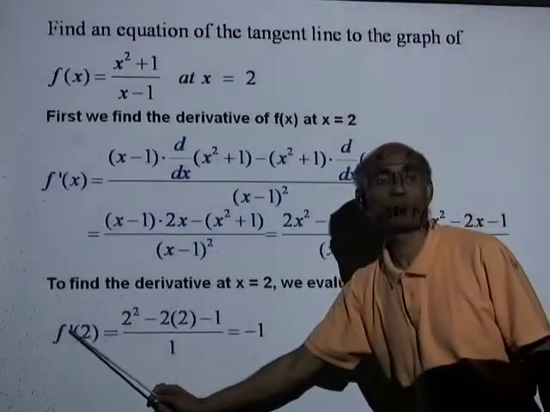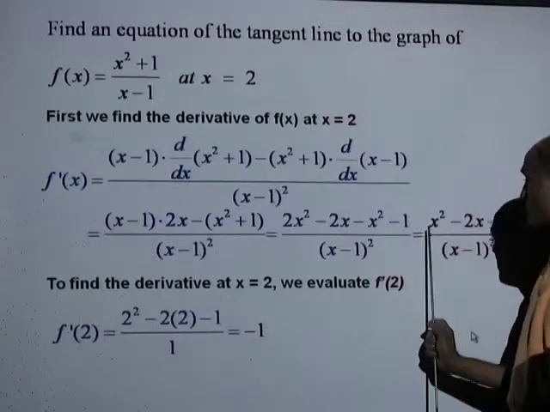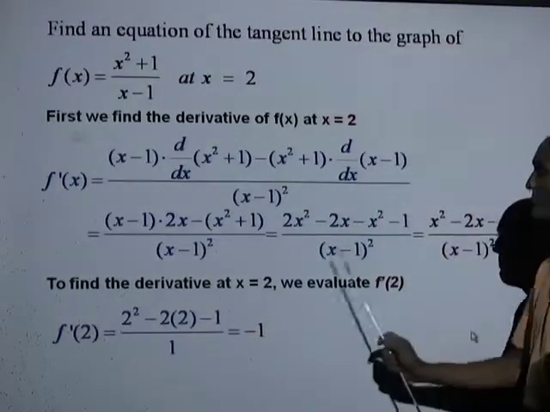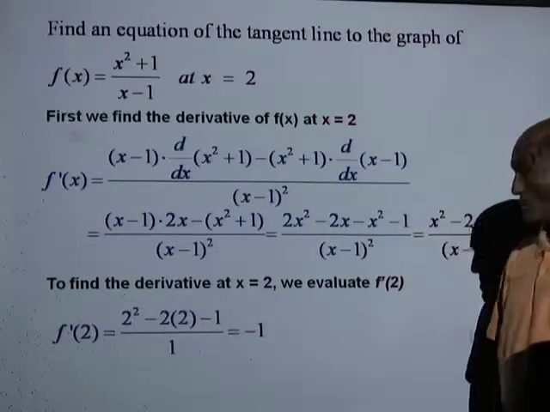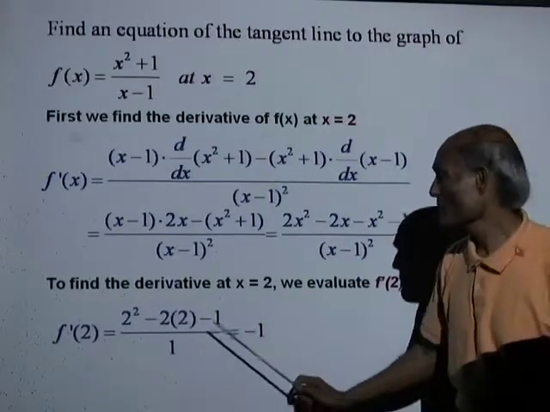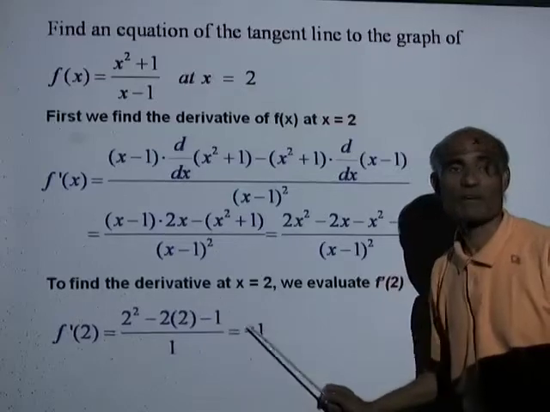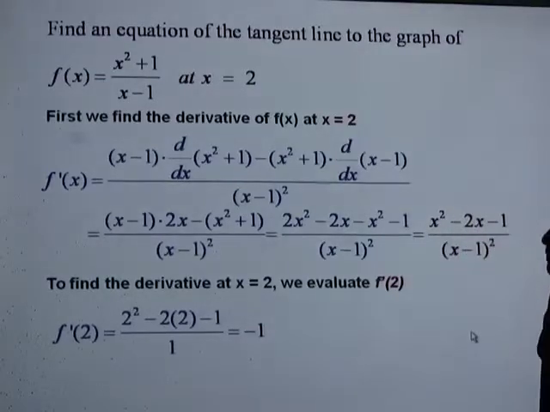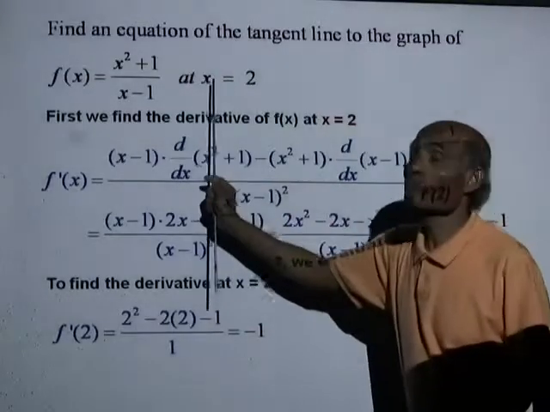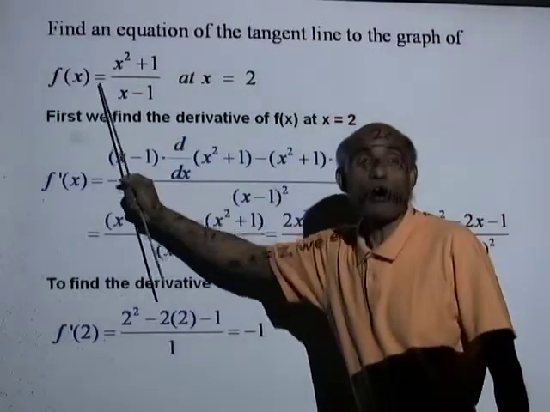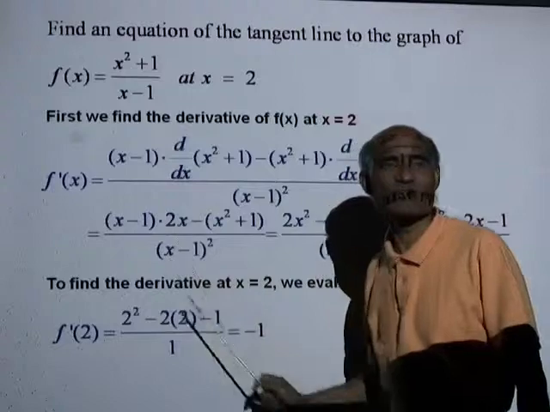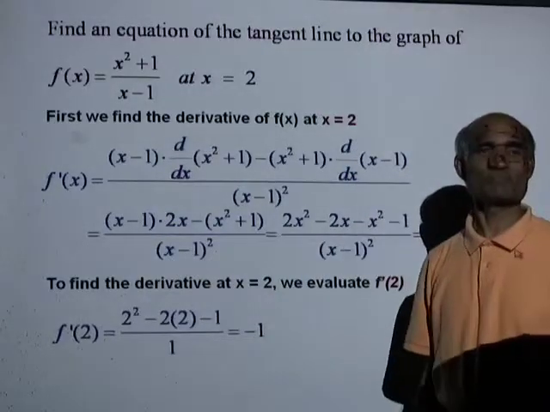That gives you f prime of 2 equal to 2 squared minus 2 times 2 minus 1 all over 1. And that will be, well, you can simplify that. That will be negative 1. The slope of the tangent line at x equal to 2 of the graph of this function is negative 1.